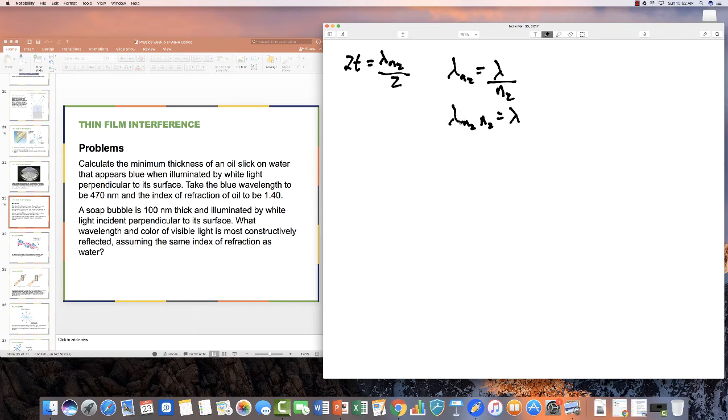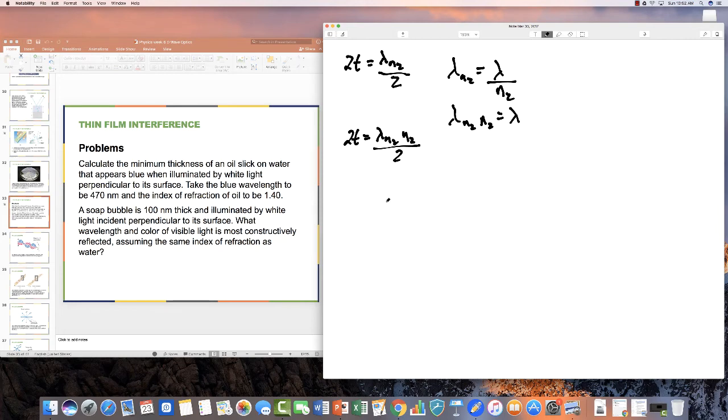The reason I say that is because it says it appears this way. So we substitute 2t equals lambda n2, which is what we see, times n2 to find the actual wavelength. This is what is given as the blue wavelength, what it appears to be.